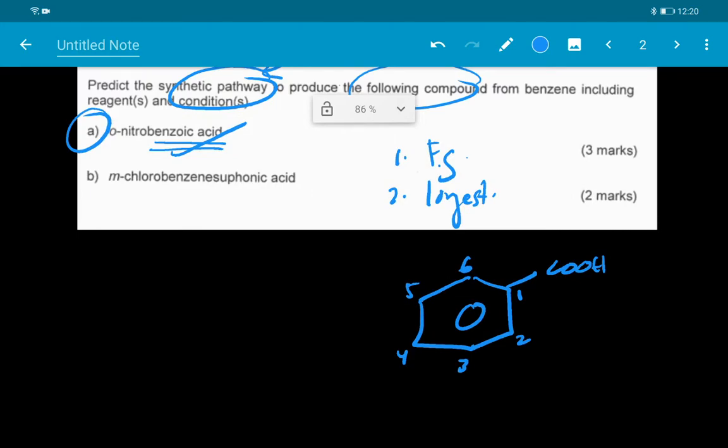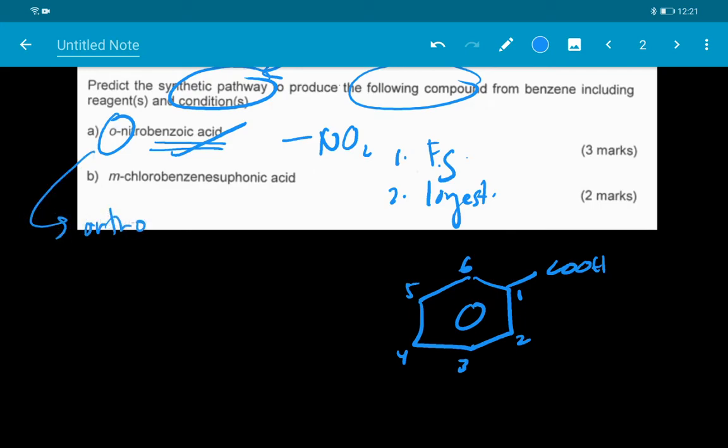Next, we need to draw the nitro substituent. We know that nitro is NO2, but it is positioned at O, which means ortho, which is positioned at 1,2 or 1,6. So if we already assigned the carboxylic acid at carbon number 1, the nitro should be positioned at carbon number 6 or carbon number 2. So the structure will look like this.